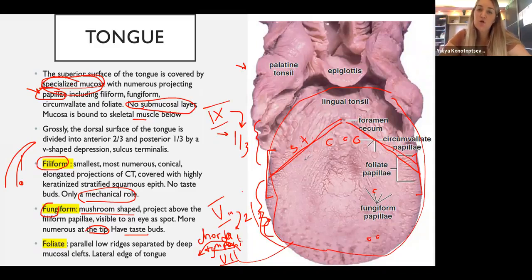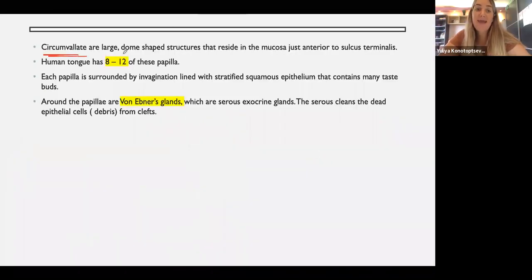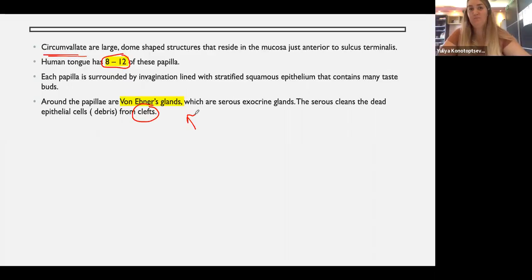So your circumvallate papillae are present anteriorly to the sulcus terminalis. There are 8 to 12 of them. They are huge. They're so big. And most importantly, they have clefts. I don't want to talk about it right now. I want to just show it to you on the picture, okay?